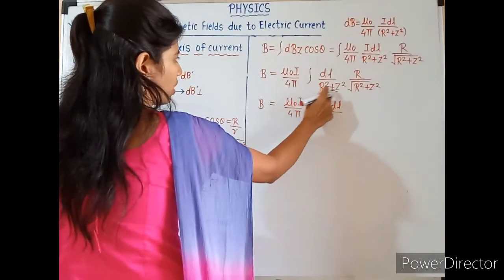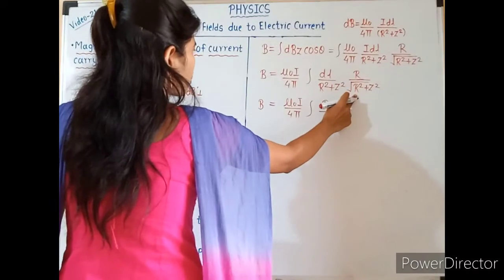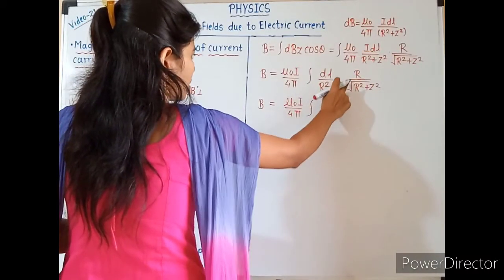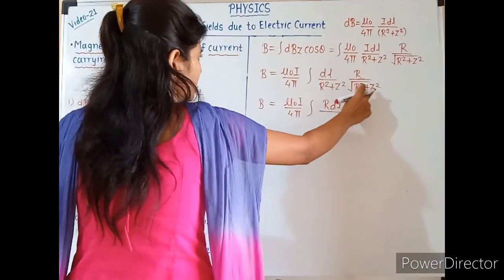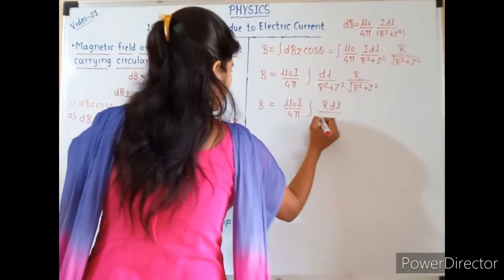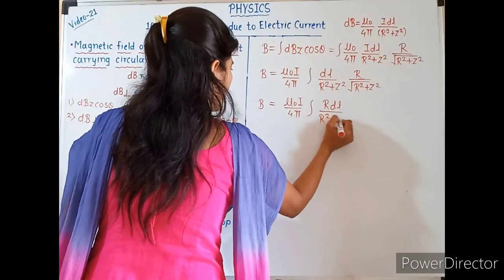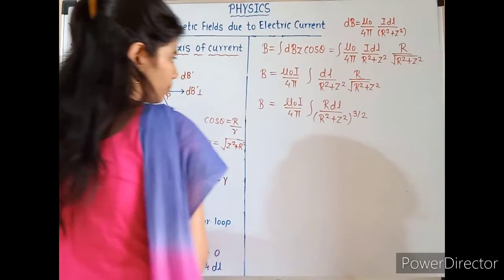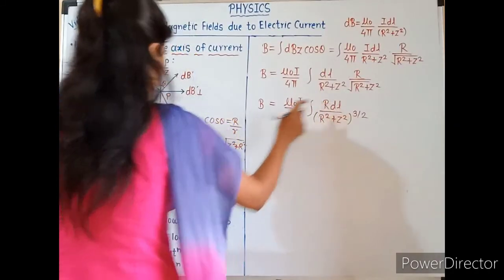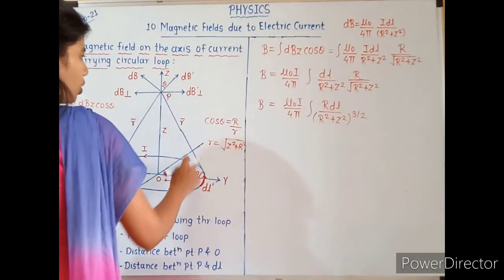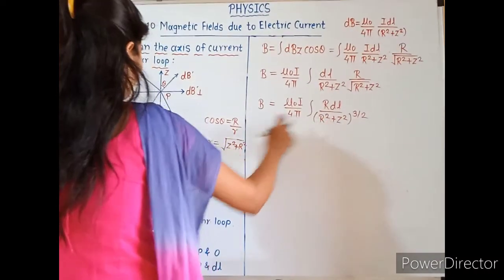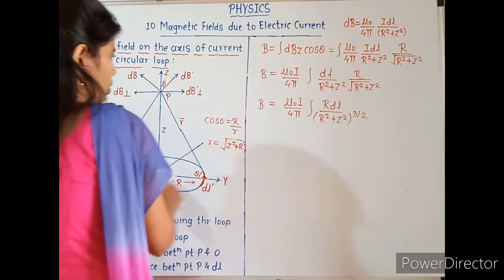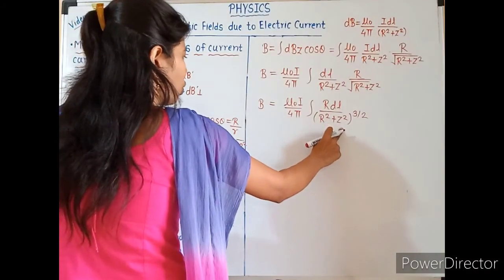Now this is R square plus z square and this is the square root of R square plus z square, that is R square plus z square raised to 1 and R square plus z square raised to 1 by 2, so we get R square plus z square raised to 3 by 2. Now this R is the radius of this circular loop and this z is the distance between point P and the center of the circular loop. So this term is also constant.